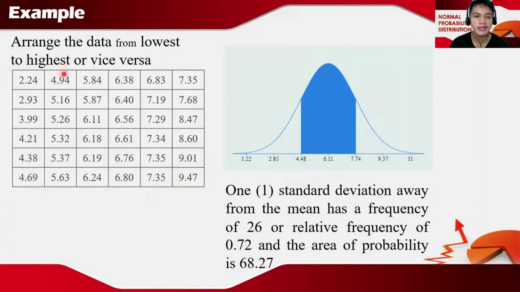We will consider the values 4.69 to 7.35, since we are considering values within 4.48 and 7.74. So there are 26 values between 4.48 and 7.74, or 72% relative frequency, or 0.72, with a probability area of 68.27 since the empirical rule said so.